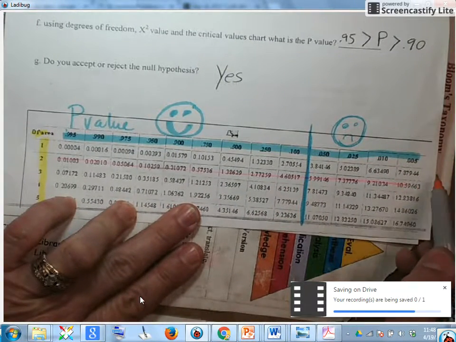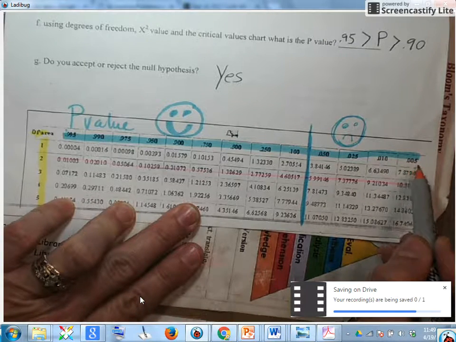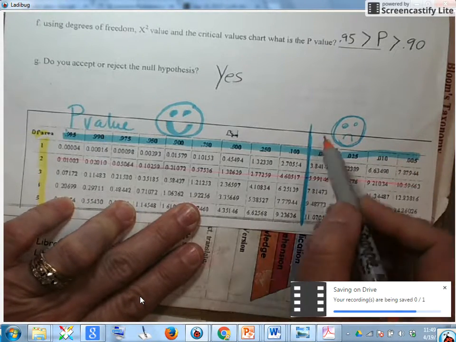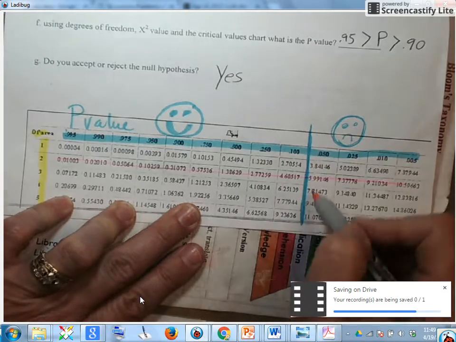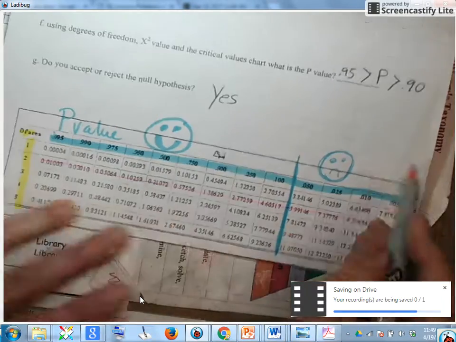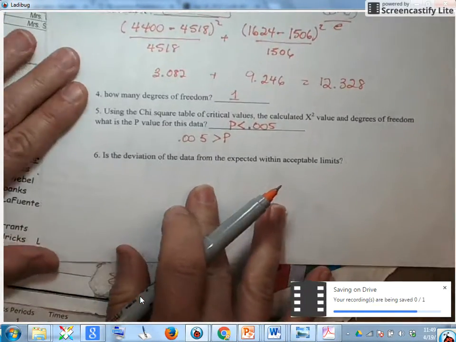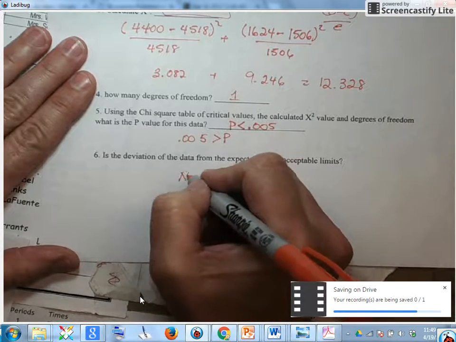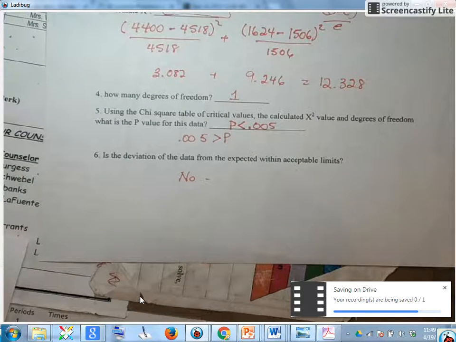That's way over here on the right side of the table, so it's beyond 0.005, so it's less than that. Our acceptable mark here is here. So, is the deviation of data from the expected values within acceptable limits? No. And if we had constructed a null hypothesis, we would have rejected the null hypothesis. And that is how you do a very simple chi-square.